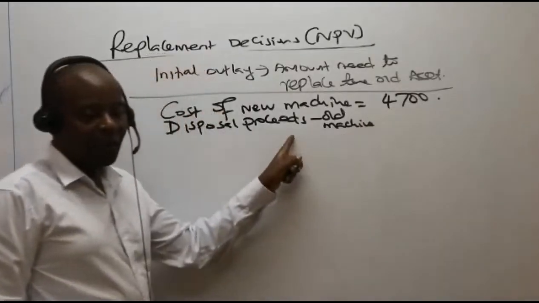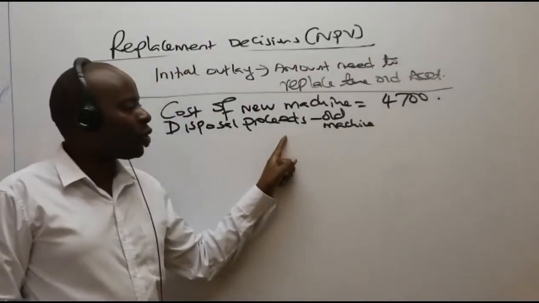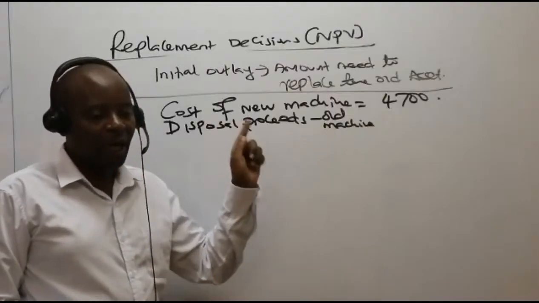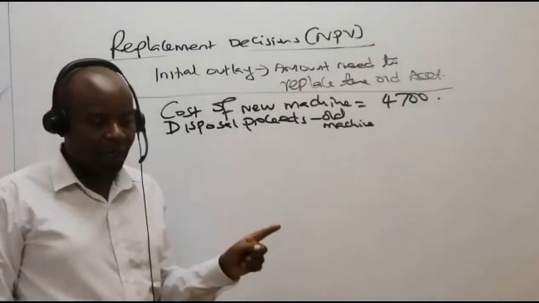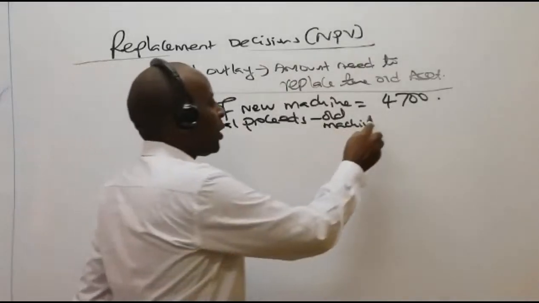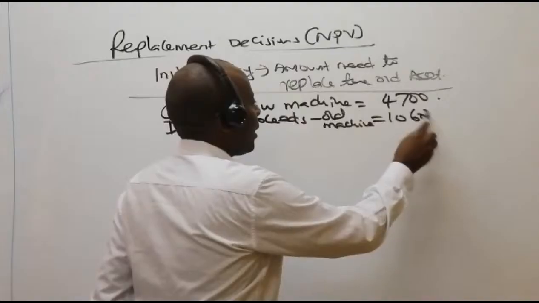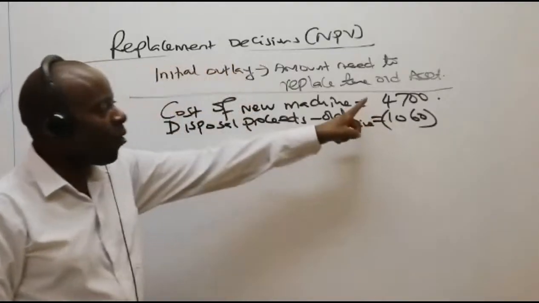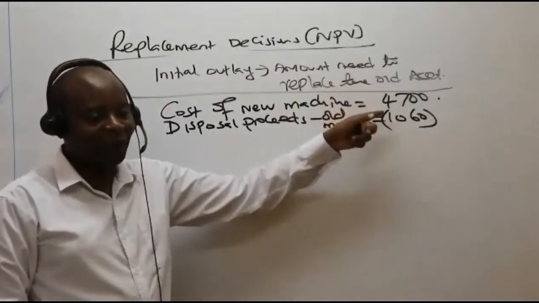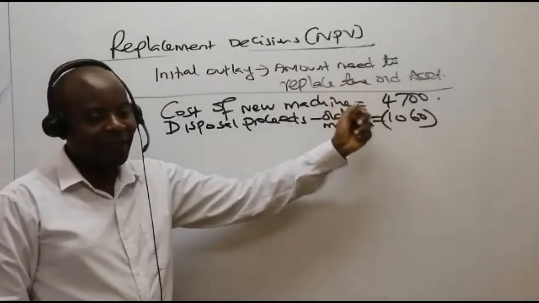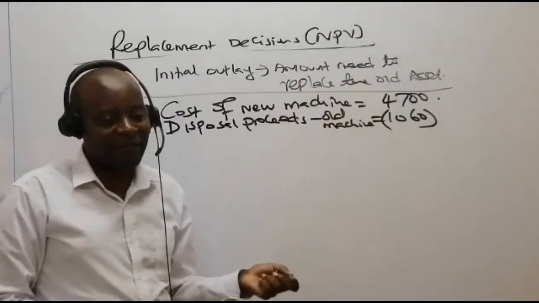Disposal proceeds of the old machine, how much? 1060. Of course, they have to go in opposite directions. The moment you take the cost to be positive, then the disposal proceeds revenue has to be negative.